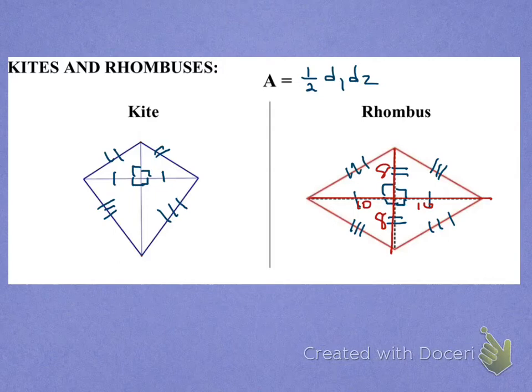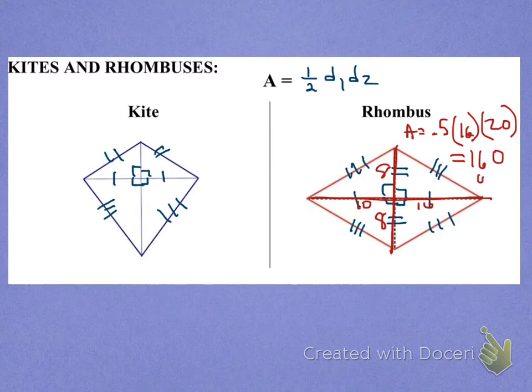So if we were going to solve for this rhombus, my diagonal 1 would be 8 plus 8, so we'd have the area equals 1/2 or 0.5 times this diagonal, 8 plus 8, 16, times the second diagonal right here, 10 plus 10, which is 20. Okay, so that's how I set that up. And if I solve for that, 0.5 times 16 times 20, I'm going to get 160. And I didn't give you units, so we'll just call them units squared.